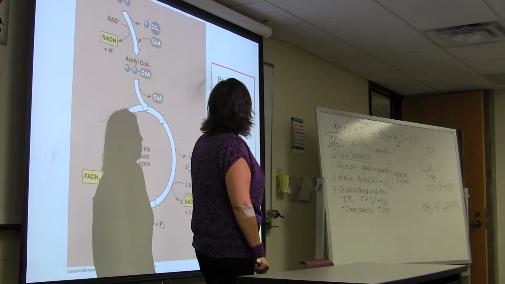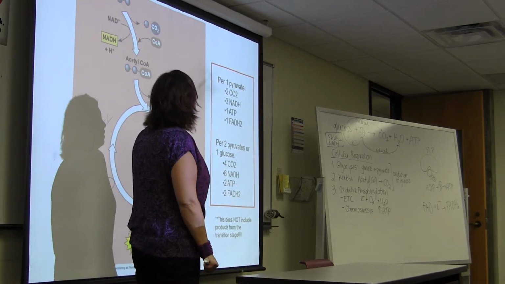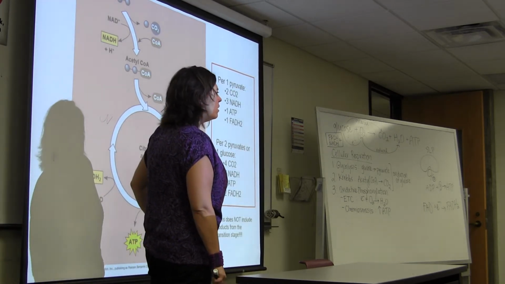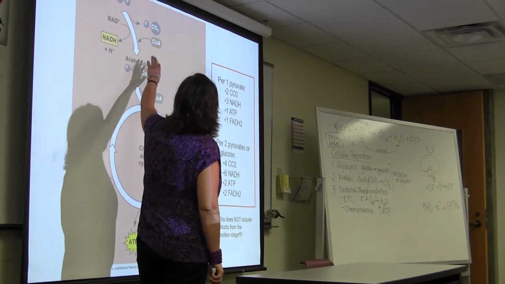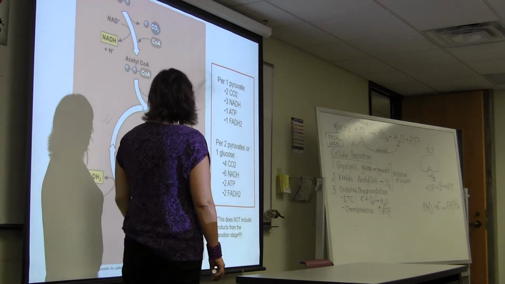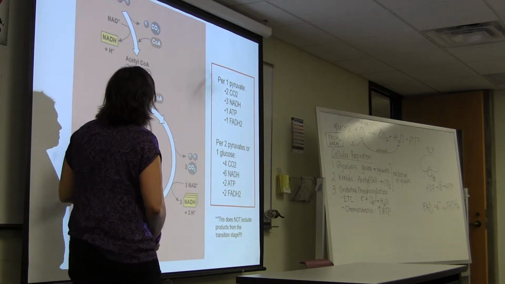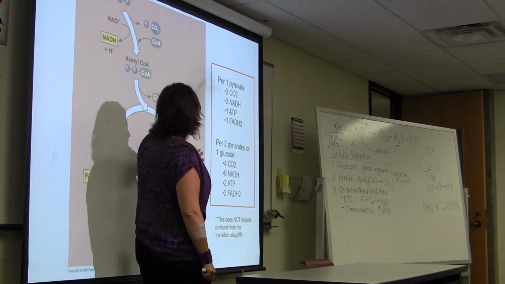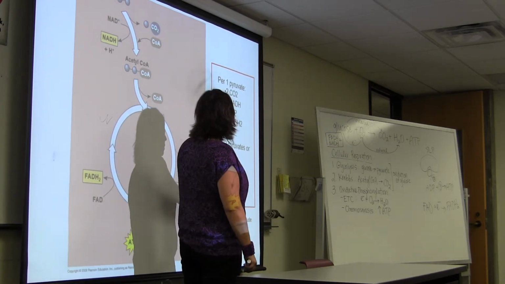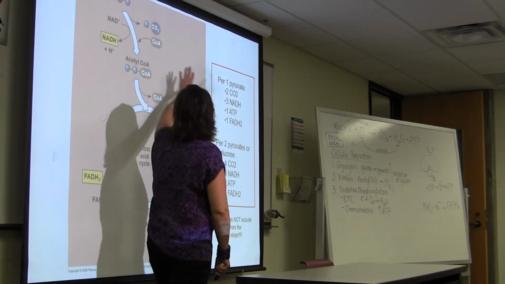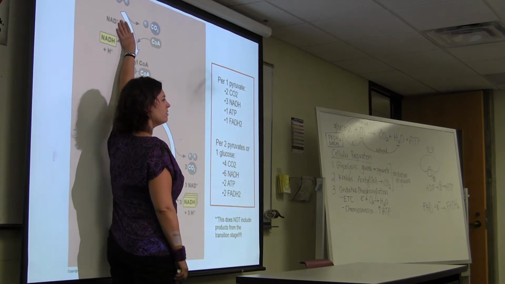How do I say that they have total carbon dioxide? Oh, this one right here? Oh, okay, I see what you're saying. So these right here do not include the products of the transition.